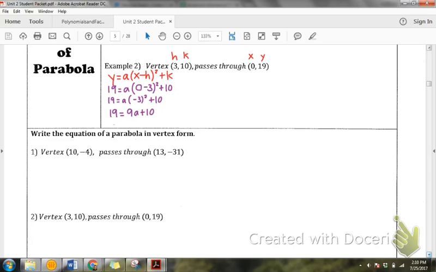Plus, what's your k value? Once you have your a value, try to write your equation in vertex form. Once you figure out what your a value is, go ahead and write your equation in vertex form.